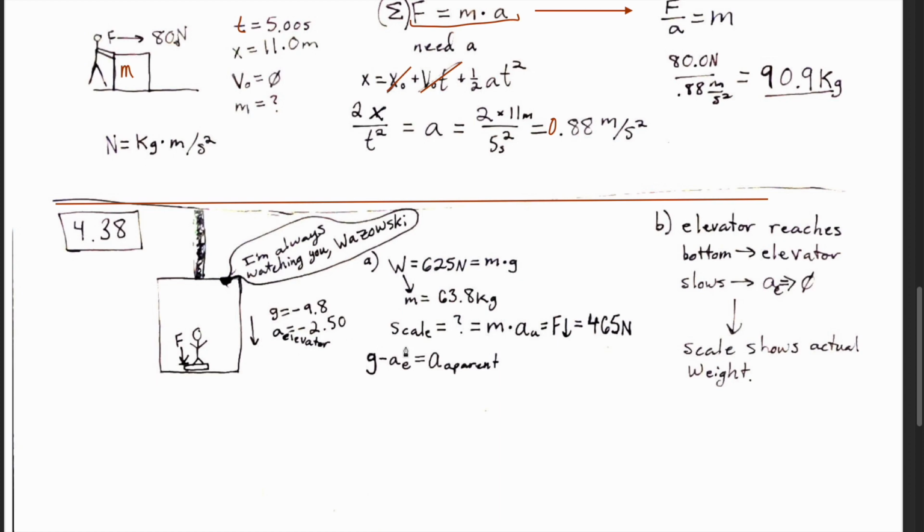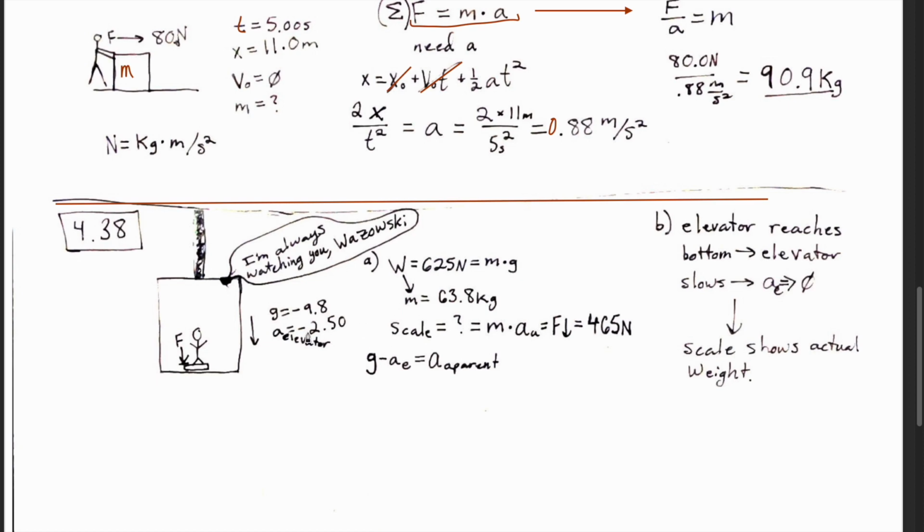So first we look, weight is 625 newtons equals mass times gravity, mass times acceleration equals the force of weight, the regular, general, earthly weight. Dividing this by gravity, you get mass equals this. The scale reads mass times the apparent acceleration equals the force going downwards. You include those numbers here.